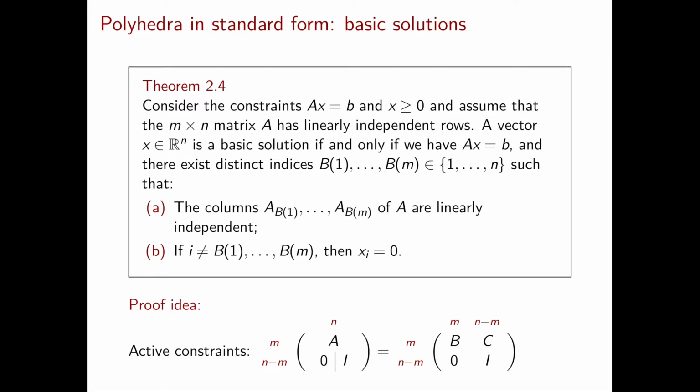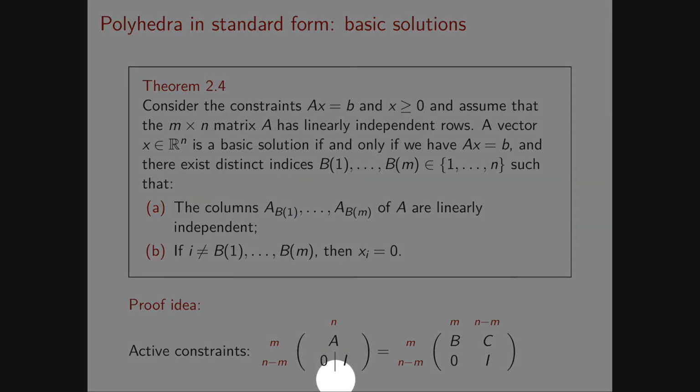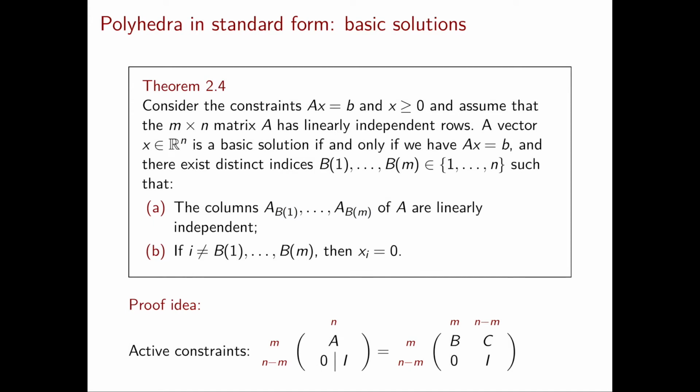Now, by definition of basic solution, I know that this big n by n matrix is invertible because all the constraints are linearly independent. But now the structure on the last n minus m rows allows me to write this matrix as a block matrix.